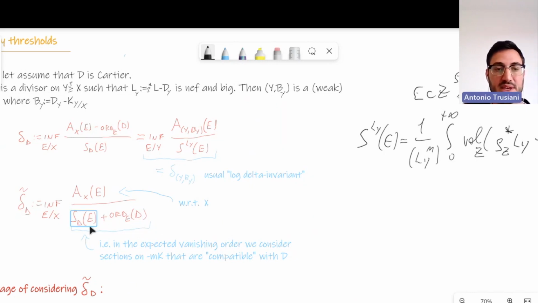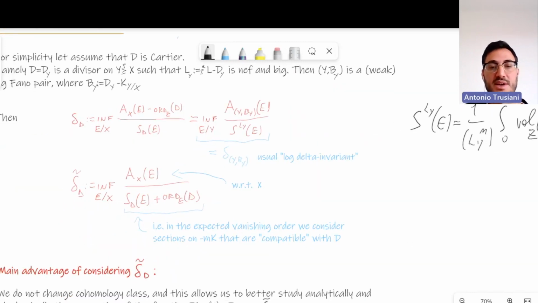It is a kind of quantity that I'm still studying to understand better, but the point is really that in the numerator you are always on X, so you can compare different delta for different D.